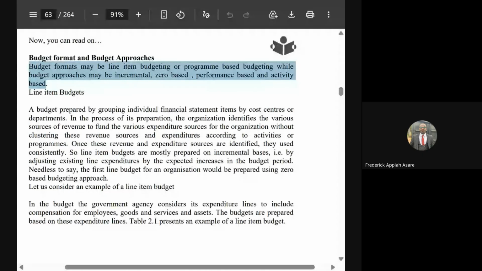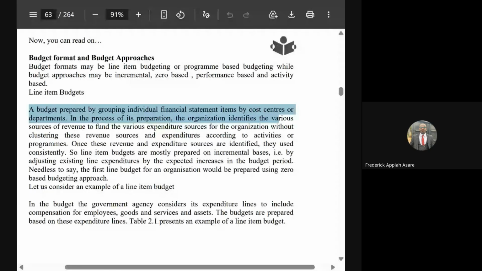That is the line budget, line item budget. A budget prepared by grouping individual financial statement items by cost center or departments is what we consider as a line item budget. In the process of this preparation, organizations have identified the various sources of revenue to fund the various expenditure sources for the organization without clustering these revenue sources and expenditures according to activities or programs.